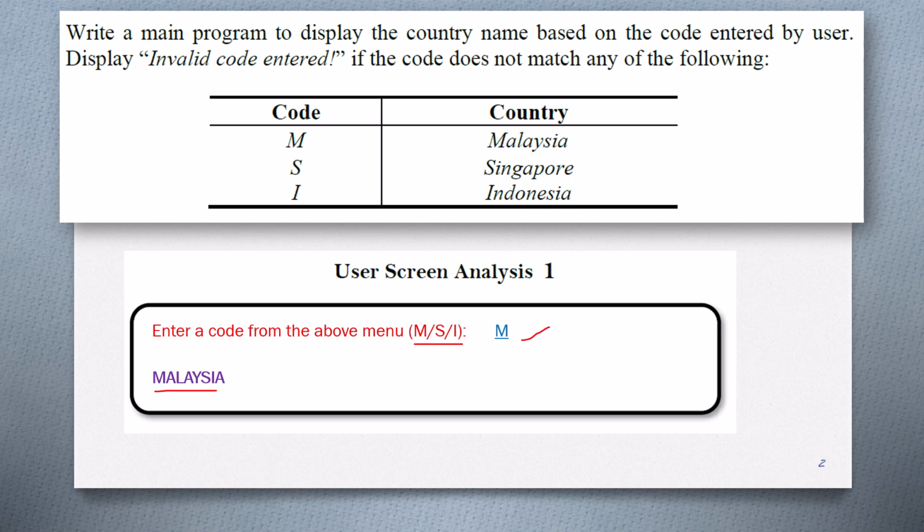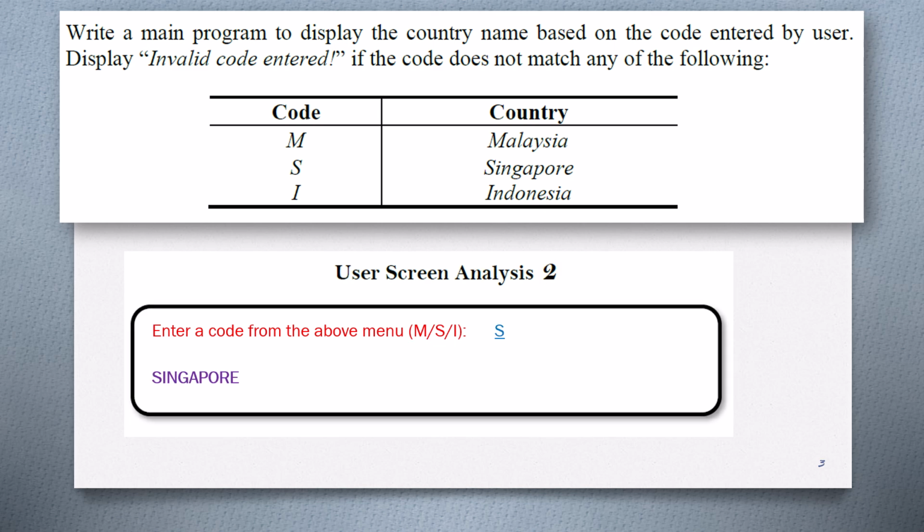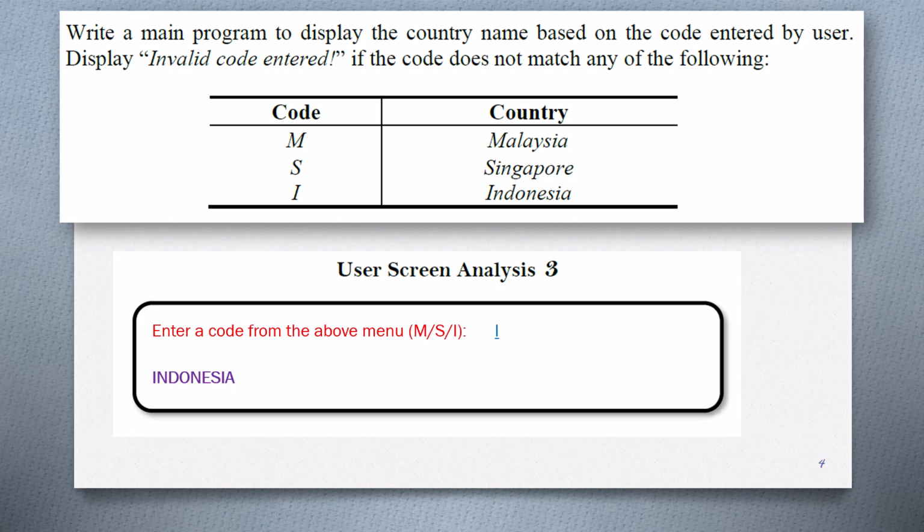Next one, this is user screen analysis, the first one, number one. You may also have another display if the user entered the value as S. So you should expect to see Singapore being displayed as the output. Next, this is screen 2. Next, you may also have the case where the user might enter the code I, which indicates Indonesia.